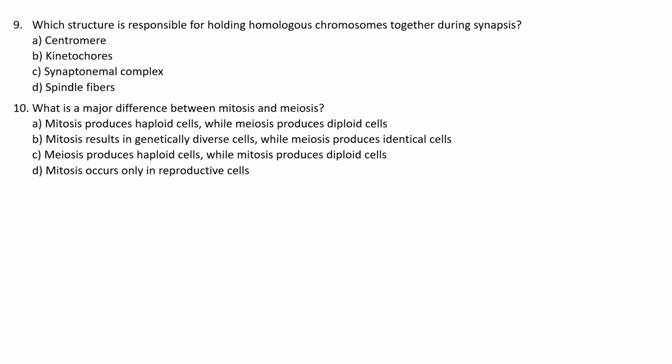There can be some DNA repair if there was a DNA break, leading to slight changes, but that's within somatic cells, within that tissue type, within a couple of cells, so it may not lead to an entire new organism with genetic diversity. And obviously, mitosis occurs only in reproductive cells is not correct at all.